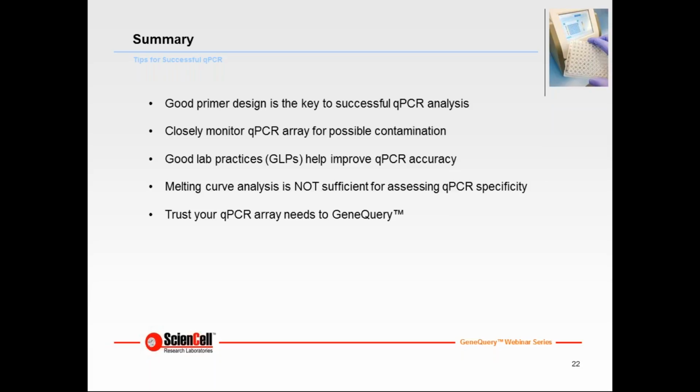And good lab practices must be employed for qPCR accuracy. And lastly, keep in mind that melting curve analysis alone is not sufficient for assessing qPCR specificity. When verifying primers, you must also check qPCR products by gel electrophoresis.